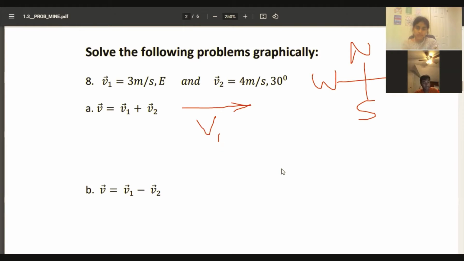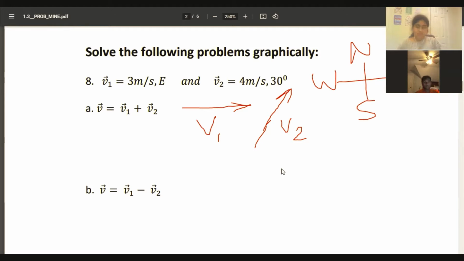And then V2 is going to be a little bit longer than V1, but it's also going to have a 30-degree angle. So I'm going to make it look like this. So that's V2, and it's not the perfect drawing, but that shows that it has like a 30-degree angle.